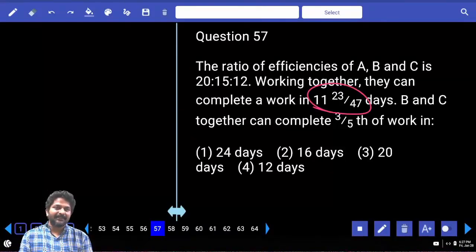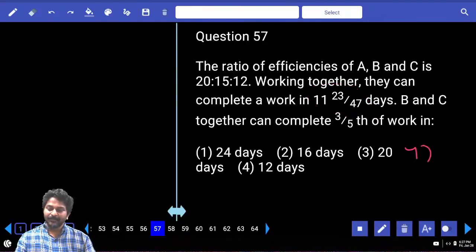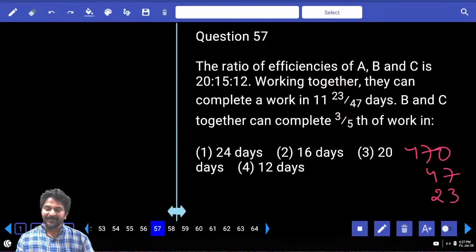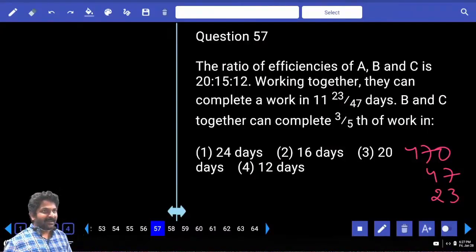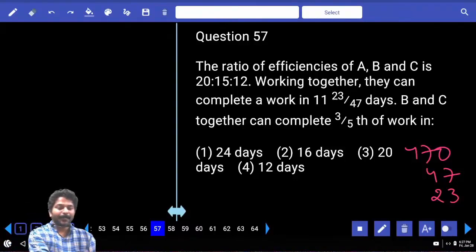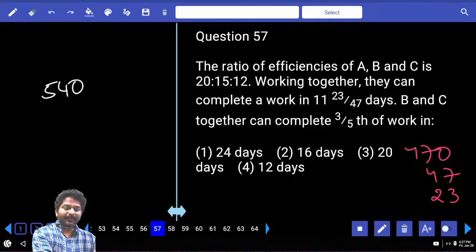Let's convert the mixed fraction to improper. 11 into 47, 10 times plus 1 time. What is 10 times? 470. 1 time, 47. And then we need to add 23 also, which is there in the numerator. 47, 23, 70. 470, 70. So they need 540 by 47 days.